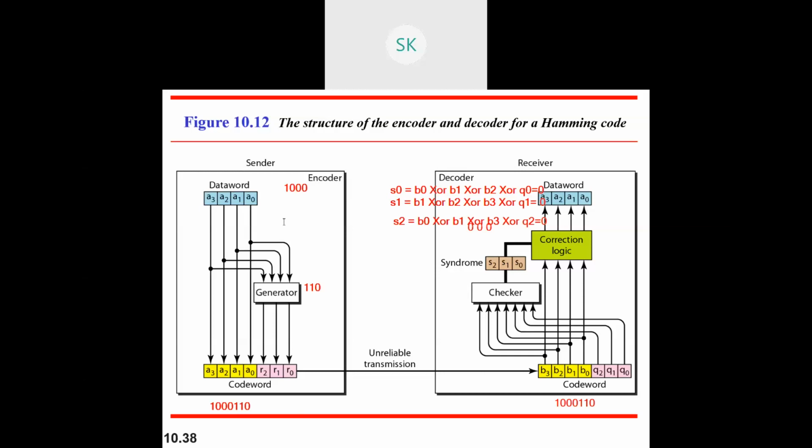While calculating the R naught, you will be just saying A naught XOR A1 XOR A2. That's it. R1 is A1 XOR A2 XOR A3.